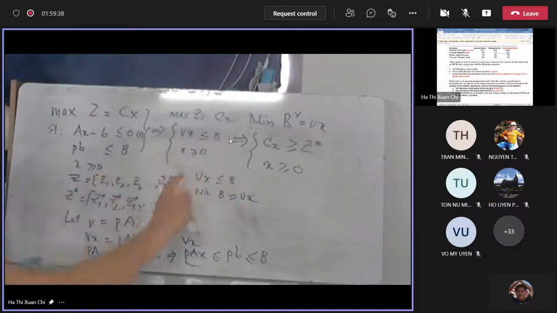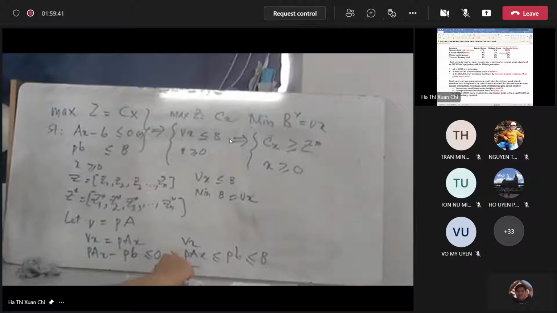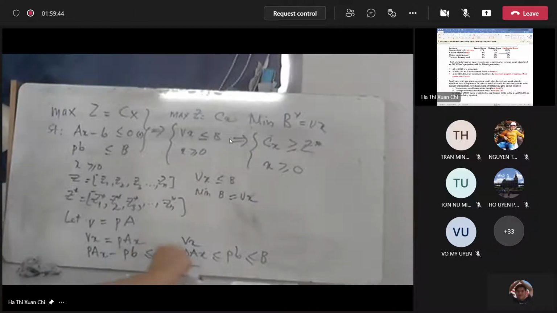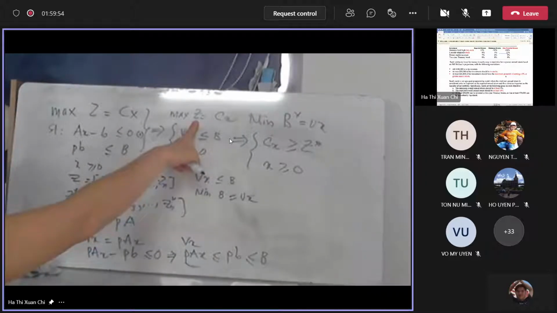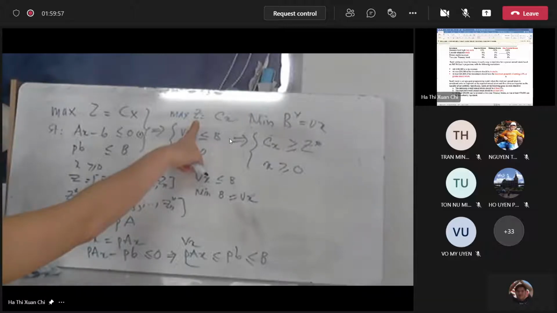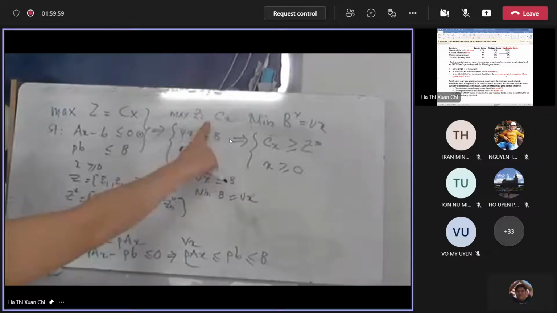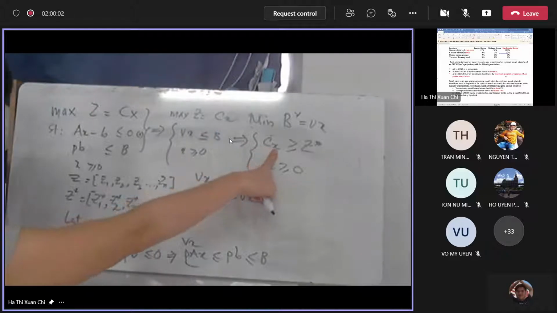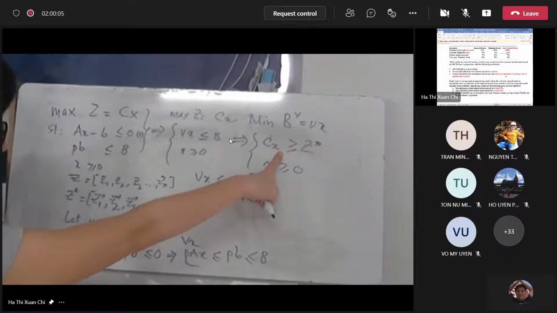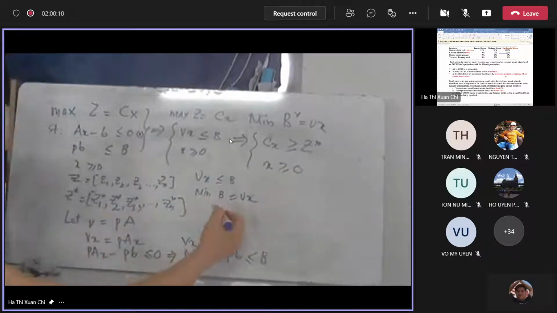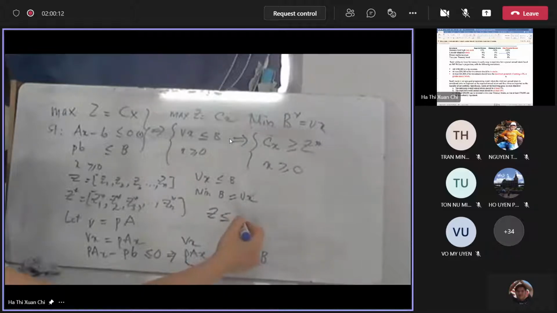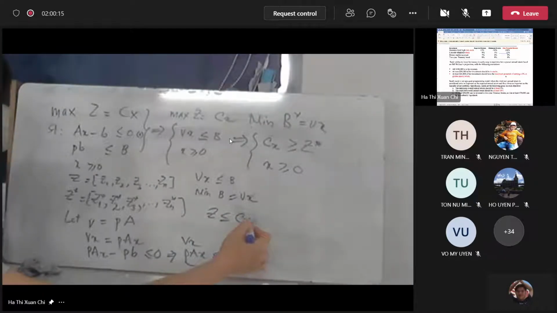equals Cx. So maximize Z, Cx will be equal to maximize Z. So Cx will be greater than Z here, right? It means you can see that Z will be less than or equal to Cx.